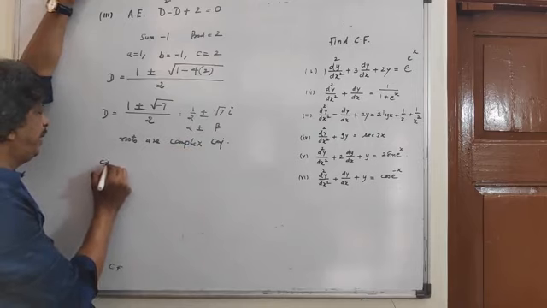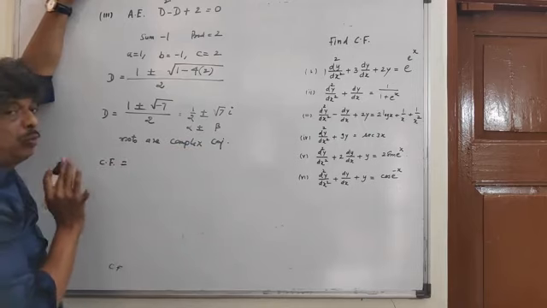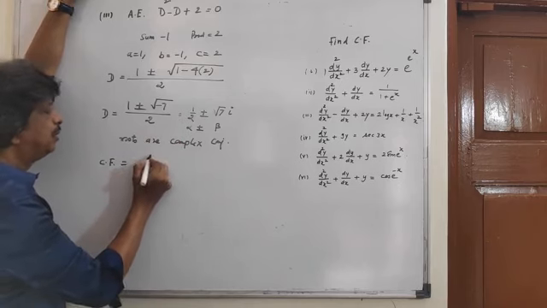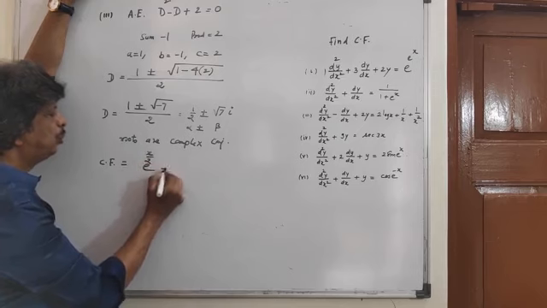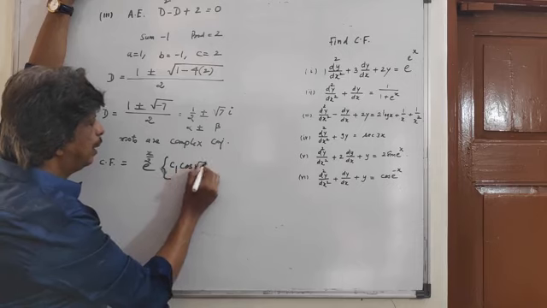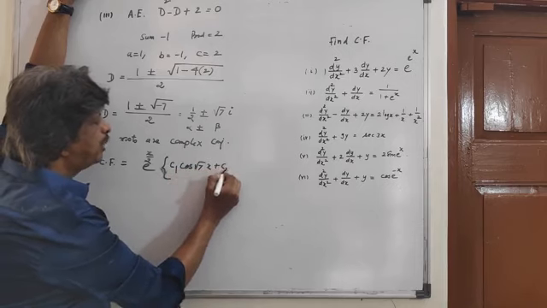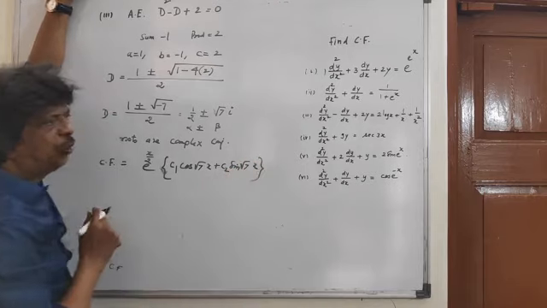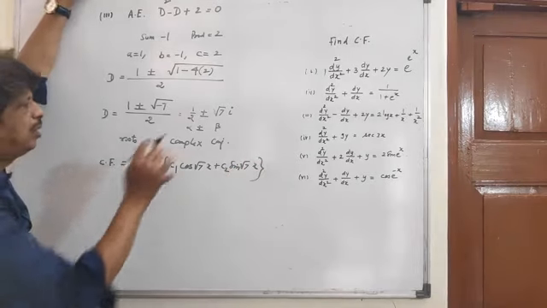The CF would thereby be equal to, the formula is e to the power αx. Alpha is 1/2 here, so it is e^(x/2) into the bracket (C1 cos βx + C2 sin βx). Beta is √7. That is how we determine the CF for the third.